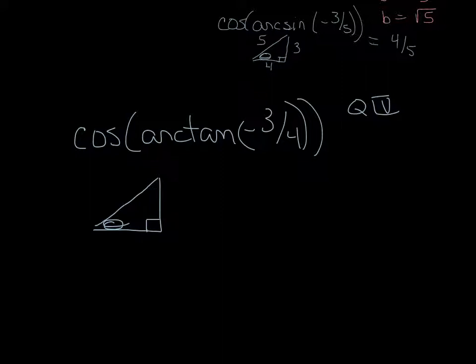And tangent is opposite over adjacent. So we get pretty much the same triangle again. What's the cosine? 4/5. Oh, that's the one we just did. Almost. No, it's not either. I didn't do the triangle right, did I? No, you did. Okay, it was just a different inside value. Are we good there?